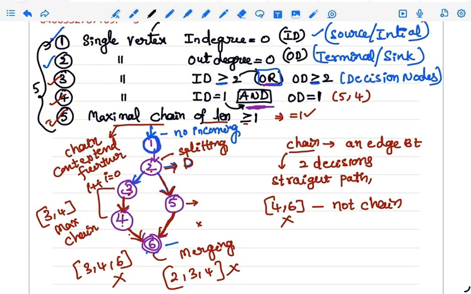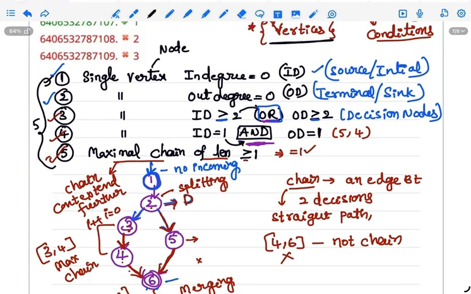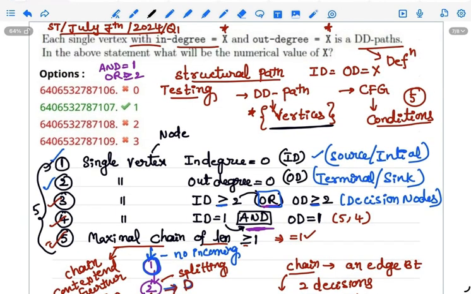So the path is a decision path. In the question above, what will be the terminal value of x? We are checking the conditions of the decision paths, right? So which condition is this one? Both the values are similar.